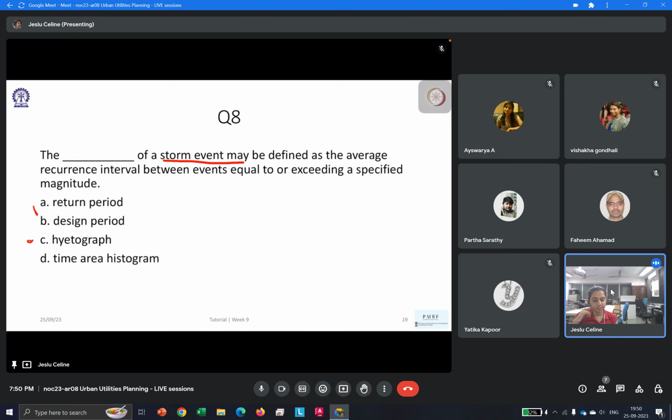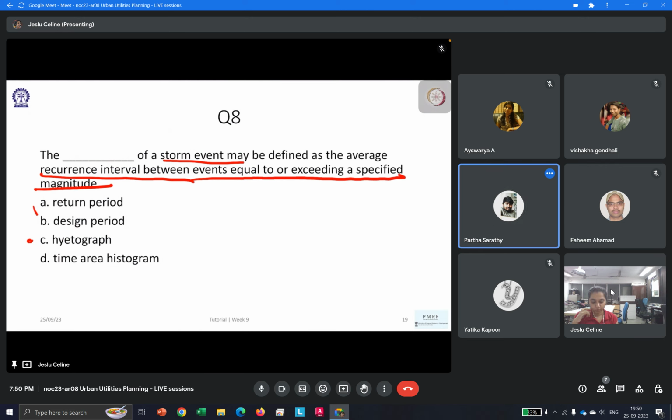Any other guesses? I think it is time area histogram. Oh, time area histogram. Okay. Anybody, any other guesses? Okay, so the answer is return period.